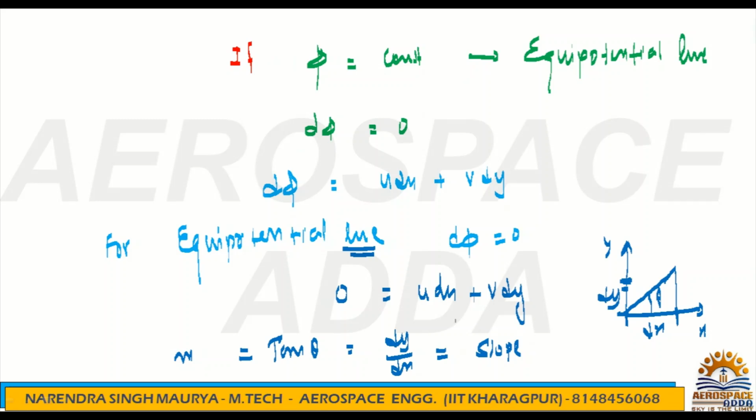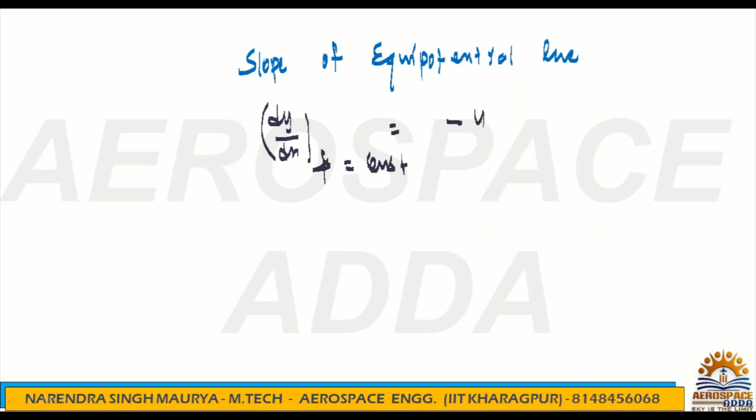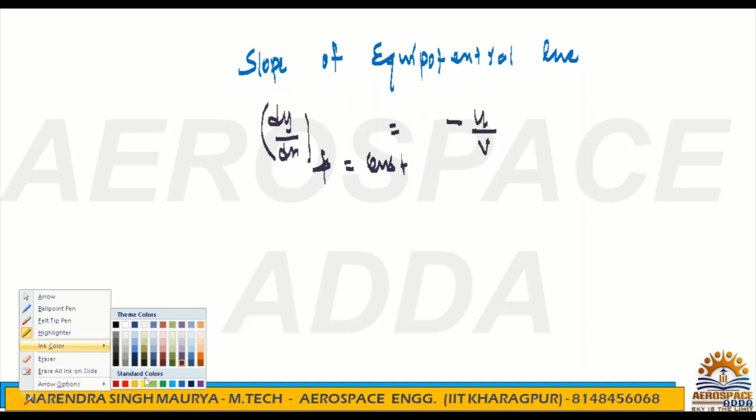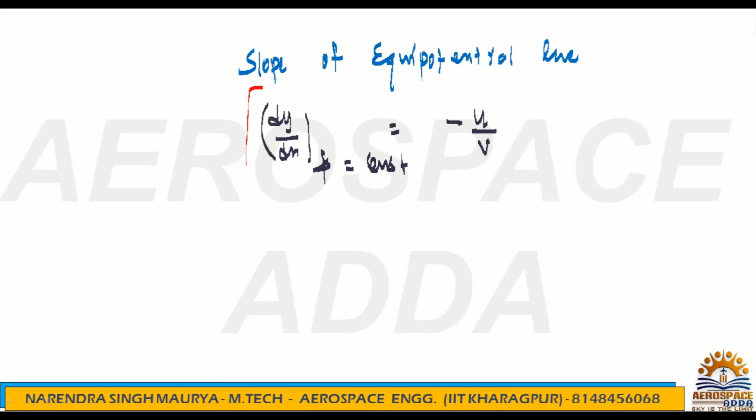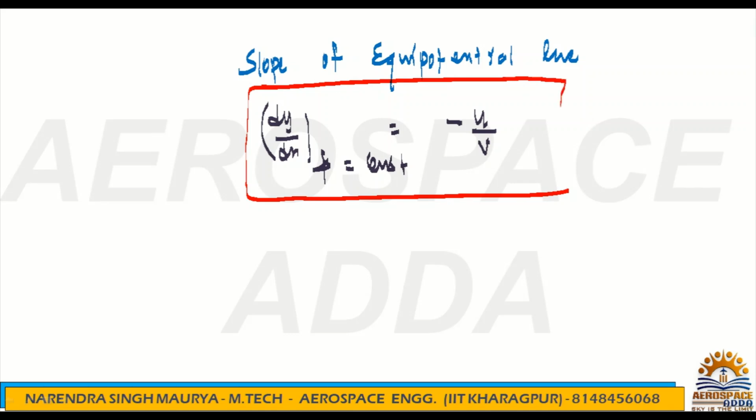Here, v dy is equal to minus u dx. So what is dy by dx? It's nothing but minus u by v. This is the slope of the equipotential line. It's very, very important, okay? You need to remember this, right?